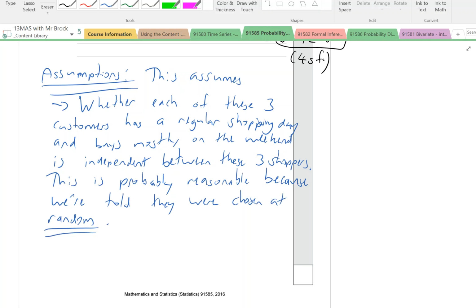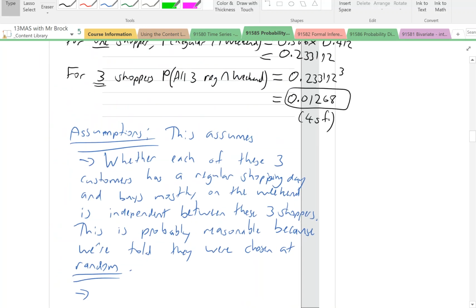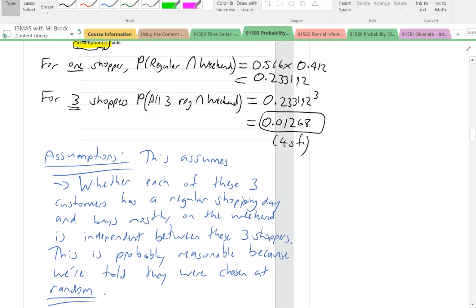And the second assumption I could think of was that we're assuming that it's a large sample, because if you have a small sample of, say, only 50 shoppers, when you choose one, there's only 49 left, and so that changes the probability slightly, doesn't it? If you have 1,000 shoppers and you choose one, it doesn't change noticeably at all, because it just goes down to 999.